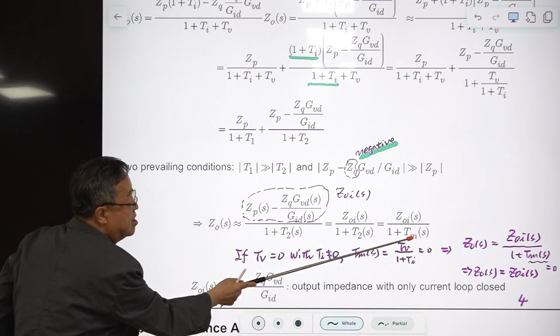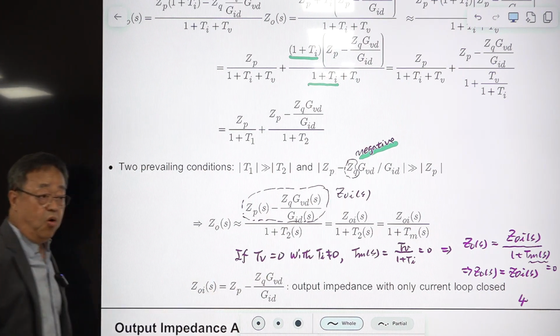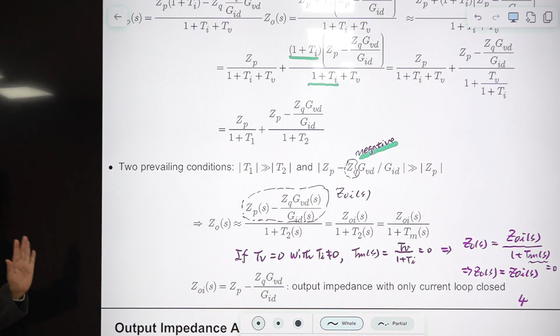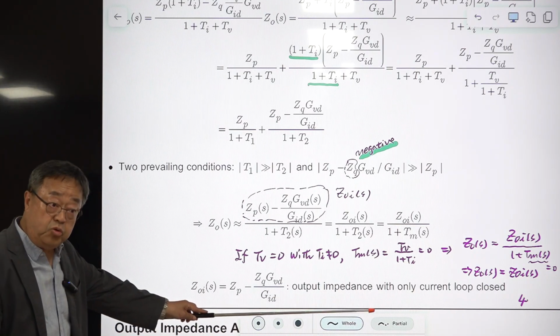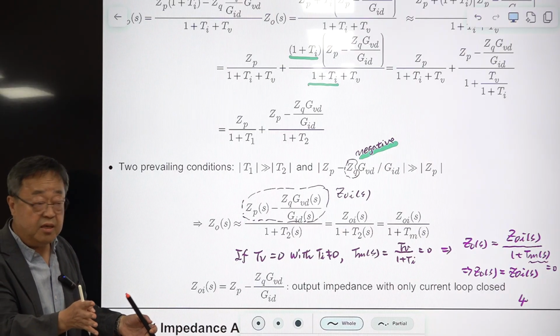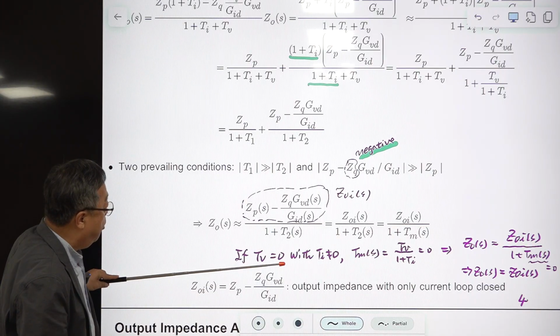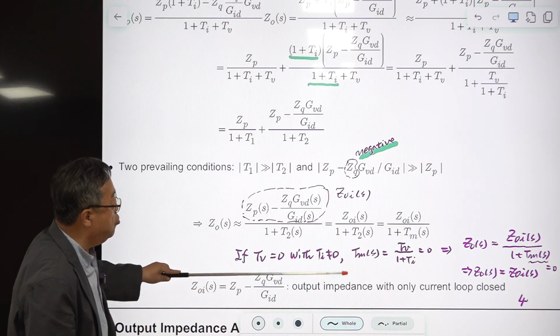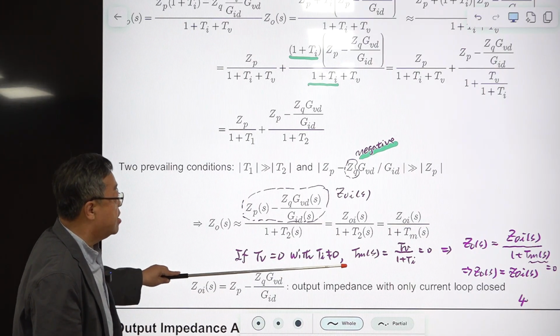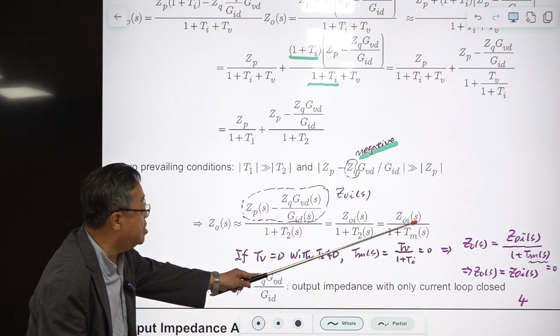If TMS equals 0, then the output impedance is the same as GOIS. That means GOI is actually the output impedance of the converter with only the current loop closed and the voltage feedback broken. That is the condition. With TB equals 0, the voltage loop is broken and the current loop is active, then this becomes 0, then TMS becomes 0.